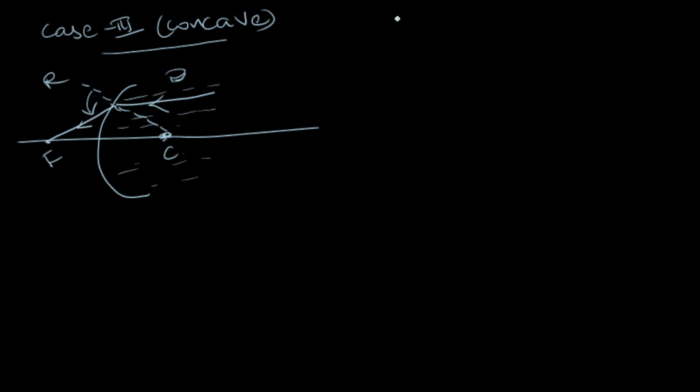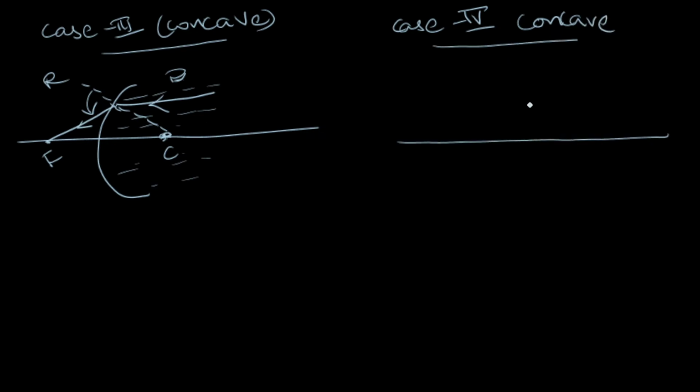And coming to the next case, case 4, for concave mirrors, for concave surfaces. This is the concave surface which acts as the interface between the denser medium and the rarer medium.